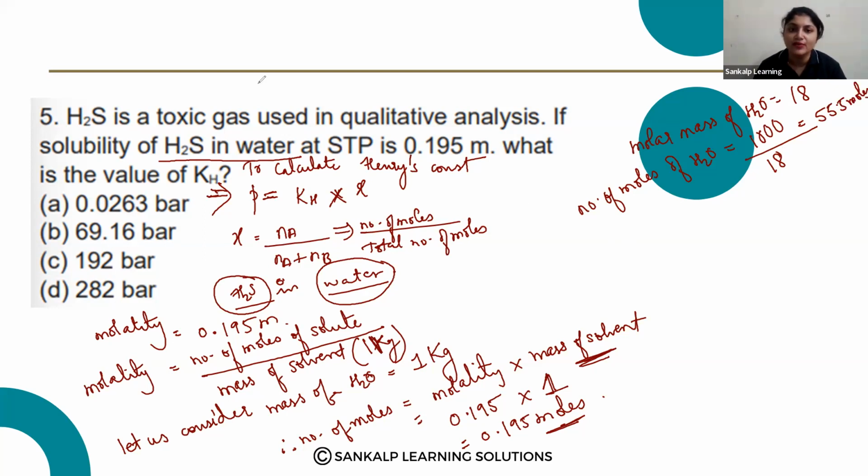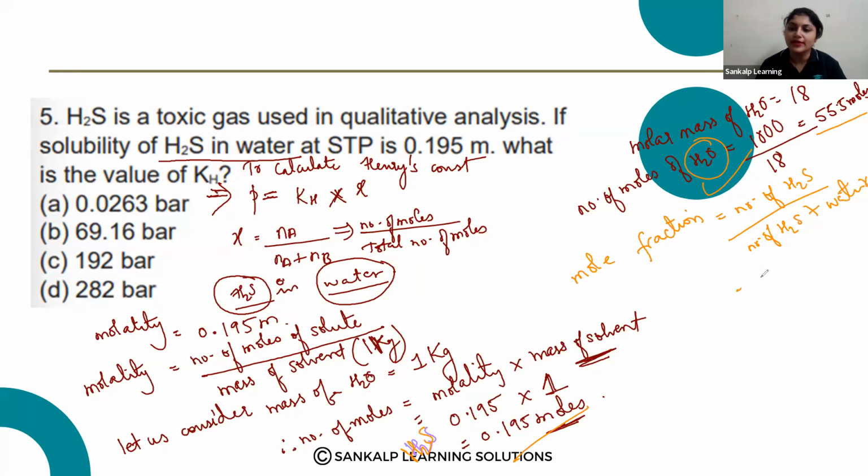So we have calculated both the number of moles of H2S and the number of moles of water. So both the moles are known. Now we'll find out the mole fraction. Mole fraction is equal to number of moles of H2S divided by the total number of moles of H2S plus water.